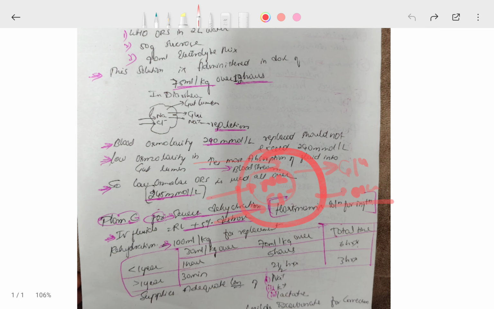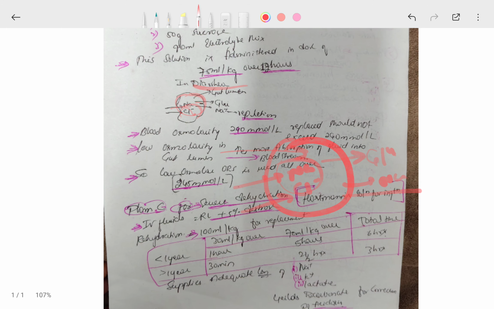See, in case of diarrhea, with the gut lumen, sodium and chloride are secreted into the lumen, glucose and sodium are reuptaken, so sodium is replenished. Blood osmolarity is 290 milliosmol per liter, and the ORS osmolarity should not exceed 290 milliosmol, because it draws further water into the gut lumen and worsens the condition.